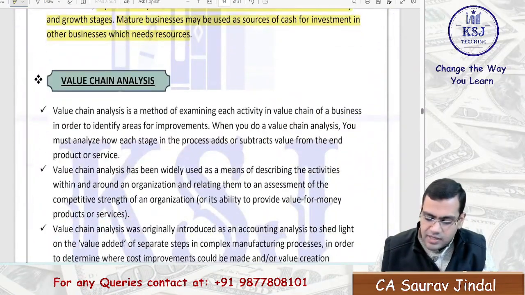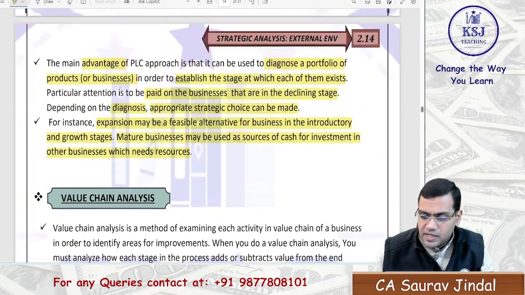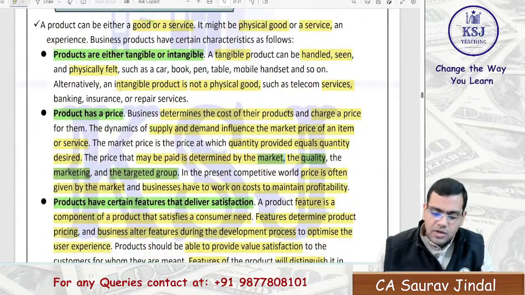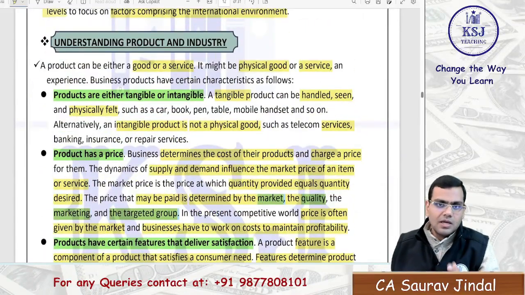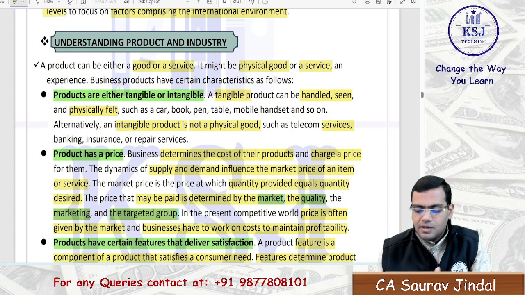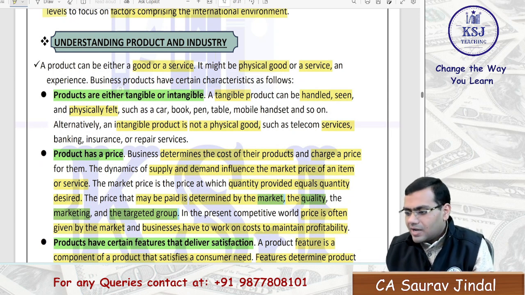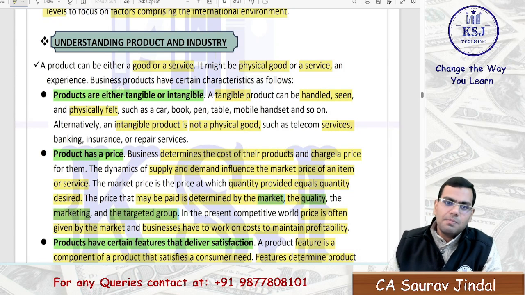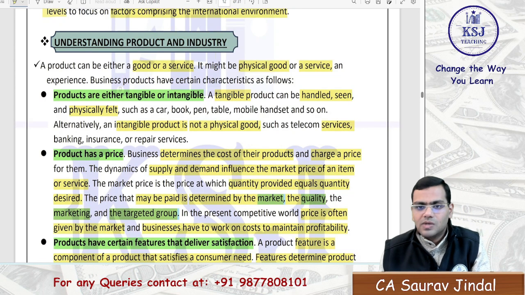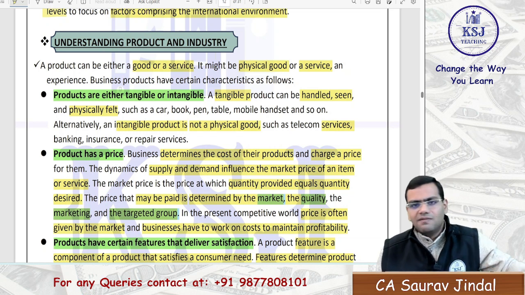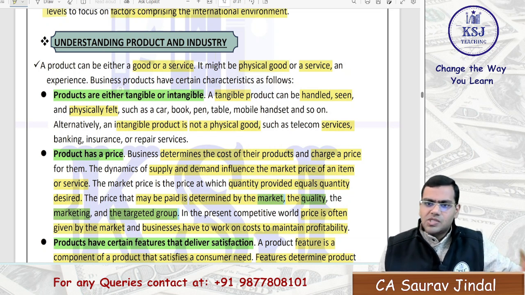The value chain analysis, another interesting topic, we will take up in the next lecture now, right? Go through this, understanding the product and industry, go through this thoroughly, revise it thoroughly, remember the key points that we have highlighted, and try to write down the key points in a separate notebook. That is one of the best ways of revision, right? Not the whole points. I'm not saying write each and everything in the notebook. No, keep a separate notebook.